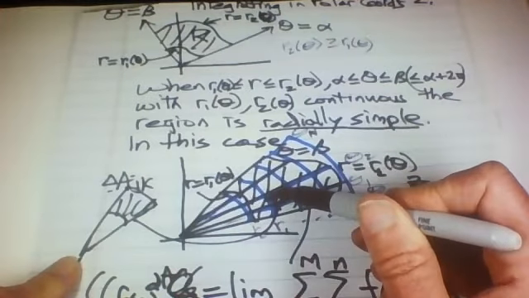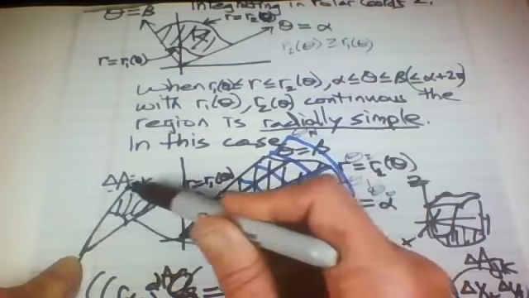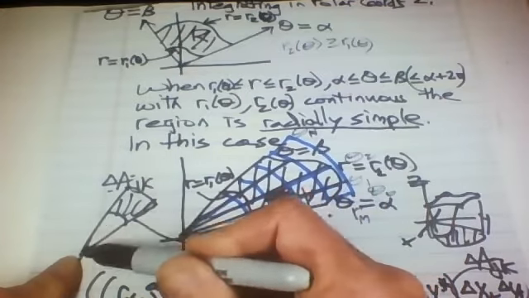So each of these pieces in here that I'm going to break this up into is a big sector minus a little sector. And I can find its area because we know a formula for the area of a sector from geometry. If you intercept through an angle theta and a radius r, a sector, then what's the area of that?